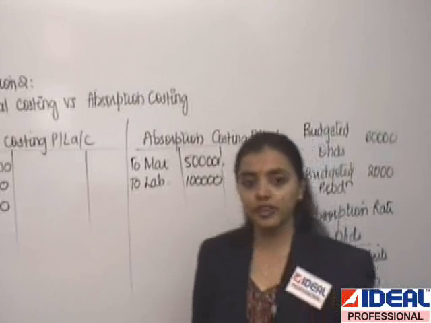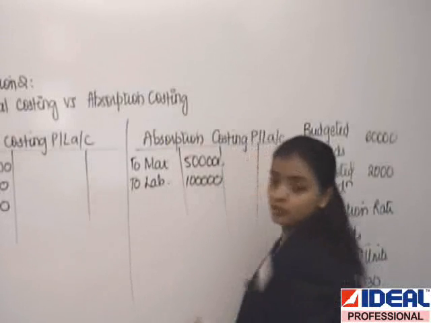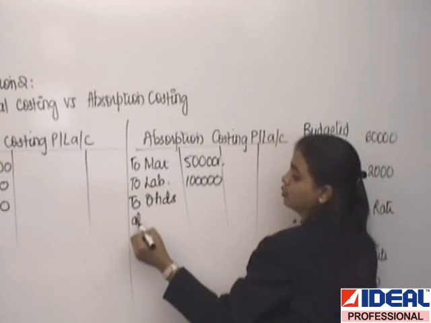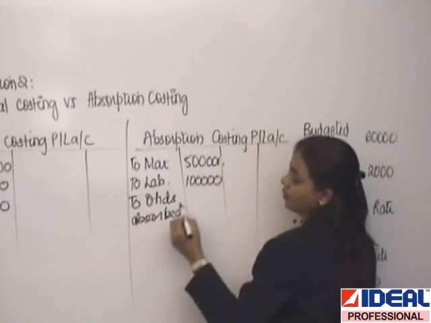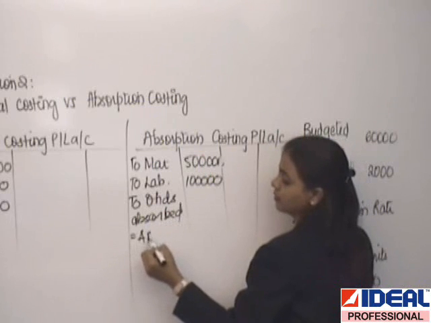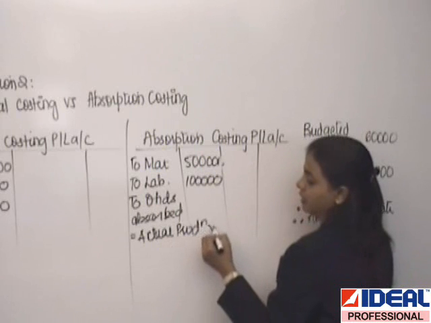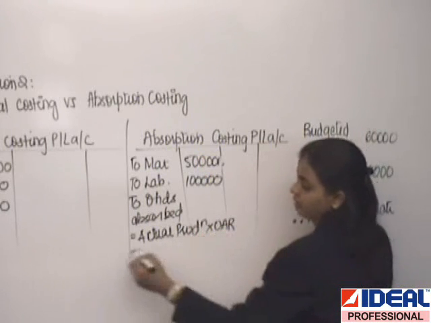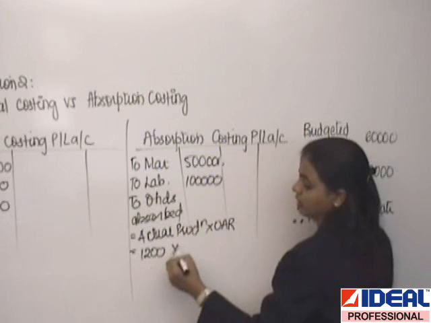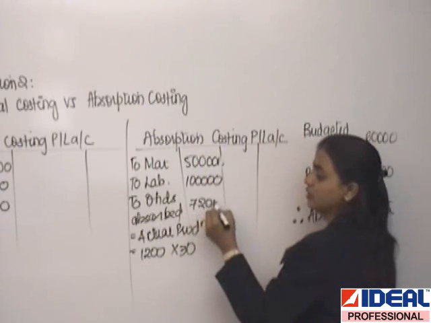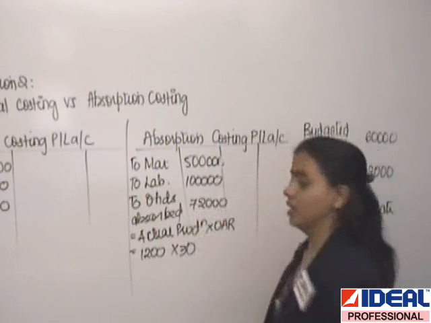This is the absorption rate. In your absorption costing, we will write to overheads absorbed. Absorbed we calculate by taking actual production multiplied by overheads absorption rate. Let's say our actual production is 1200 units into 30. What do we get? 72,000 as our absorbed amount.